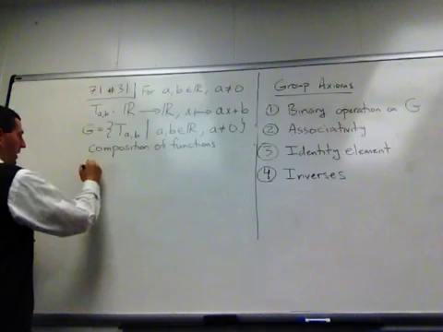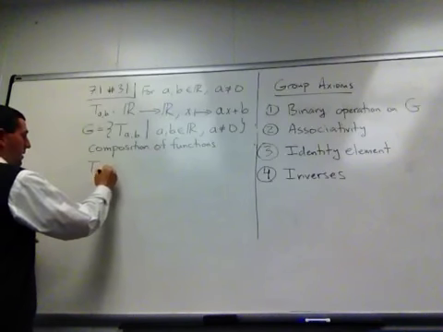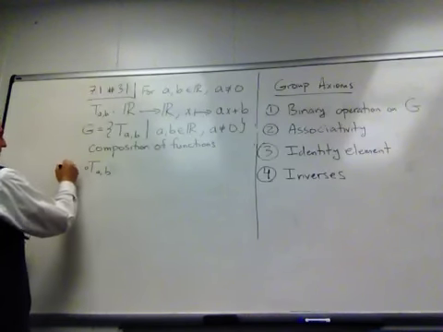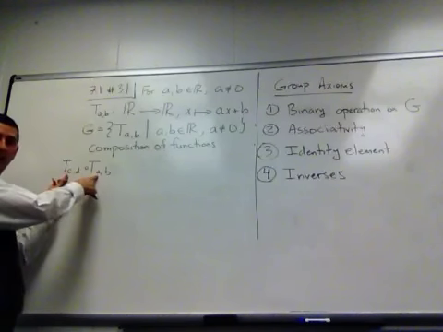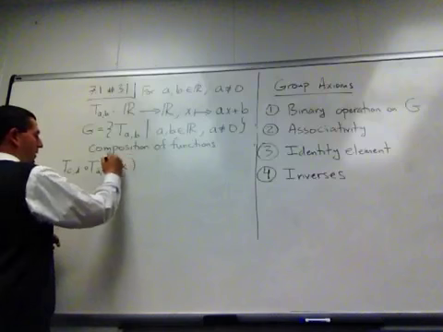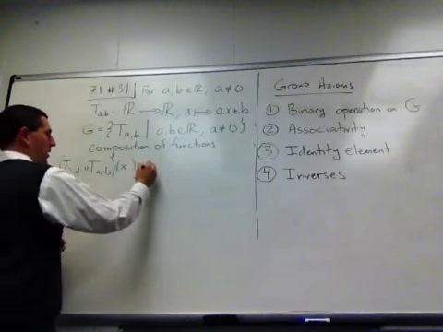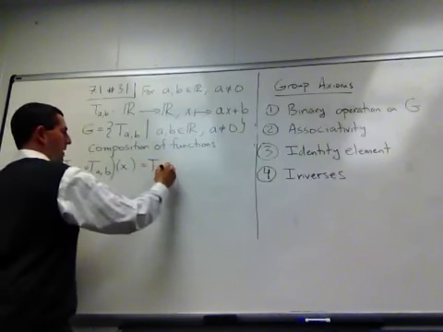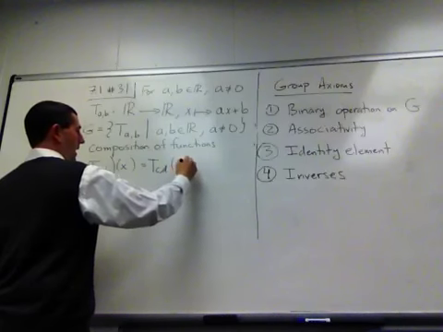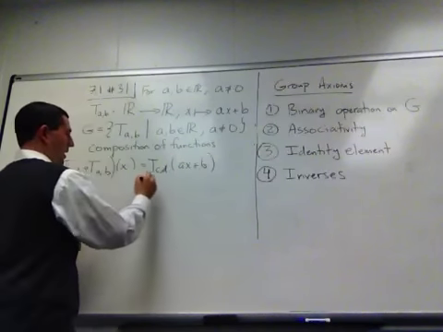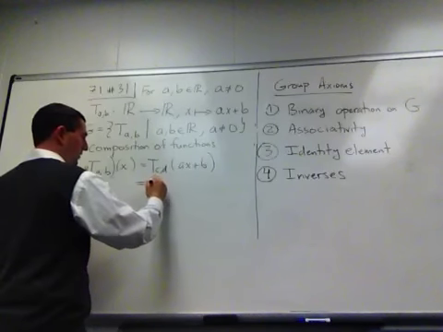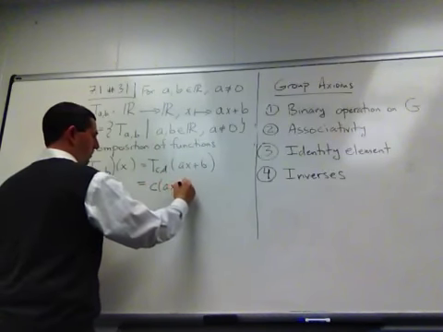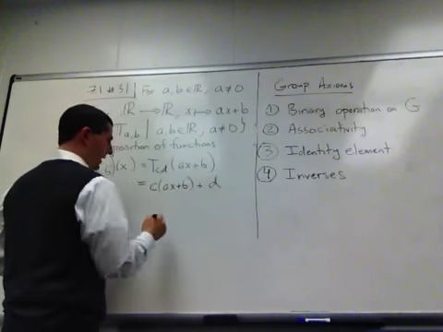If I compose t sub ab with t sub cd, where the assumption is a and c are not 0, we evaluate it on some real number x. The first time we get t sub cd of ax plus b. Then when we evaluate t sub cd on ax plus b, we get c times (ax plus b) plus d.